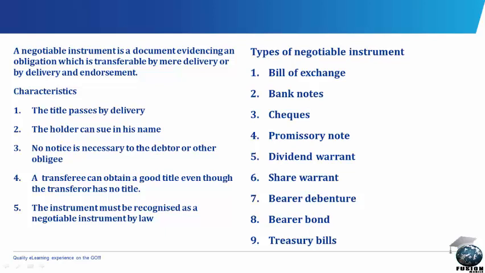Acceptance: the acceptance of a bill is a signification by the drawee of his assent to the order of the drawer. This is effected by the drawee signing his signature across the face of the bill. Another term is "sola". When this term appears on a bill of exchange, it means that it is the sole or only bill.